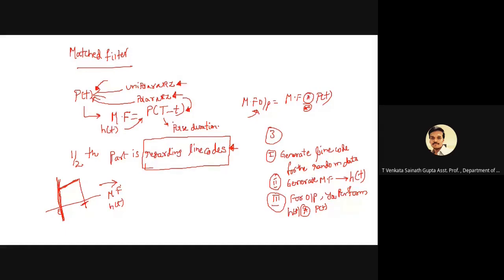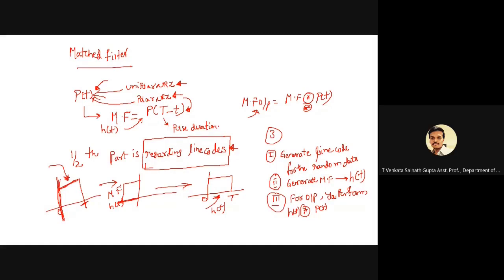Whenever you do this, p(T minus t), you are doing a time reversal, and then you shift it by capital T. So you are again getting a rectangular pulse from 0 to T. So your input is what your matched filter h(t) is also. That's why I am saying you are doing a convolution between two rectangular pulses. The only thing is that the amplitudes keep changing. At one place you convolve with positive, at another with negative. Okay, I hope you got the point. So that's why the graphs are that way.